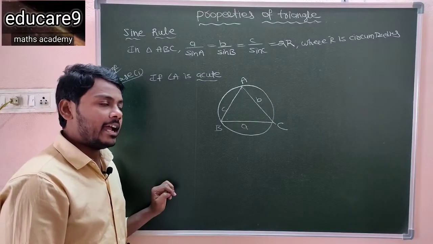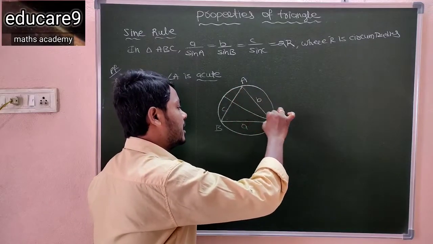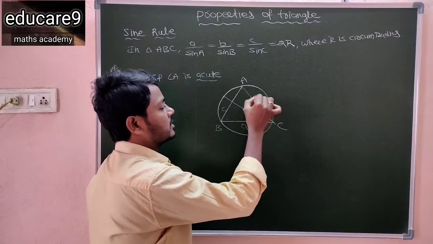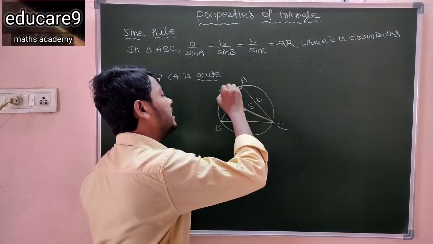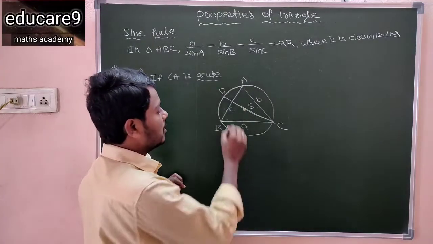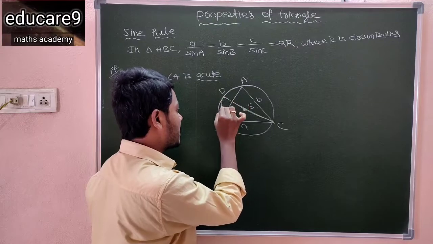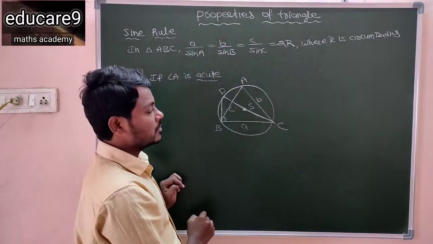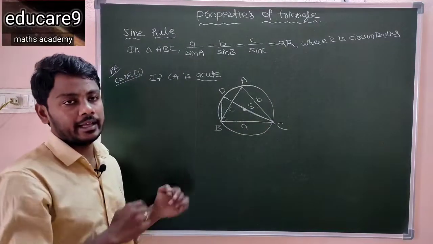Now draw the diameter of the circle. Clearly this is the diameter of the circle, and this is the center of the circle. So this is diameter CD. And draw the perpendicular line. So here BDC is a right angle triangle.